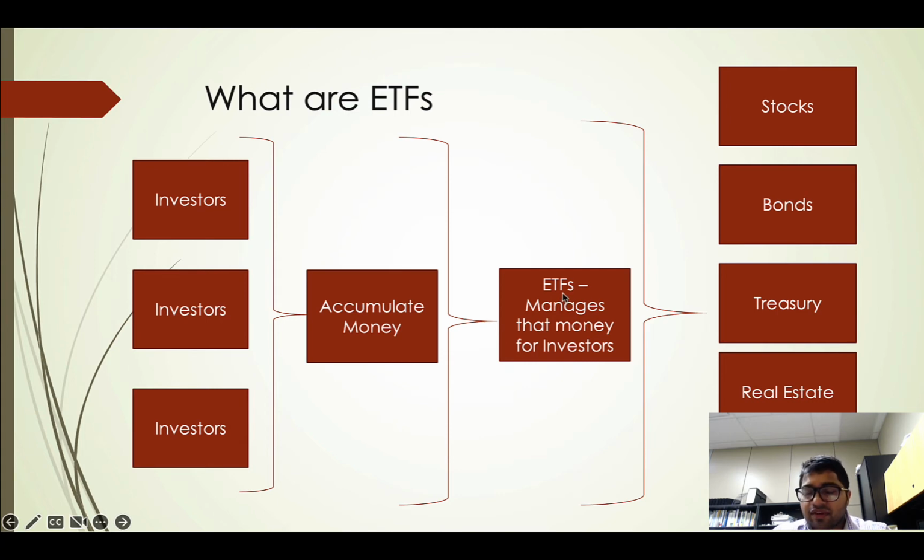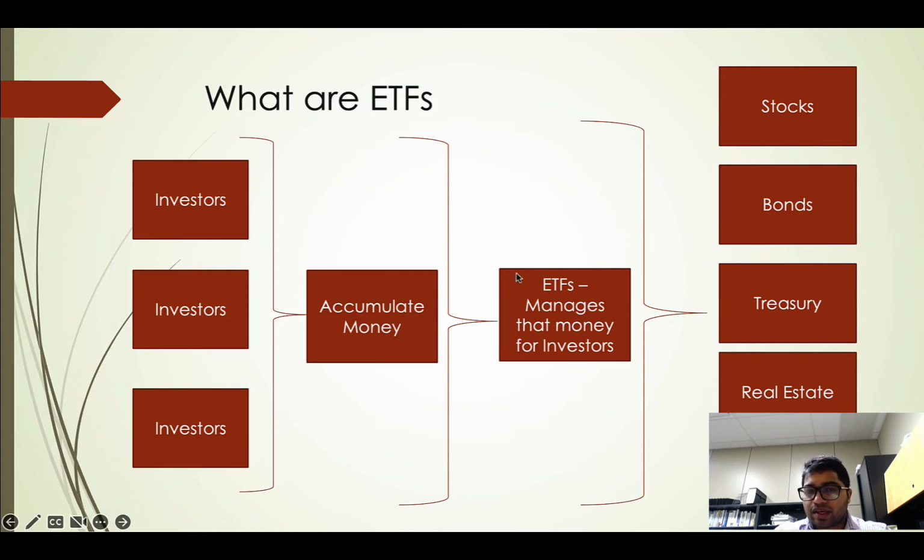Then that ETF company invests in different instruments like stocks, bonds, treasuries, real estate, and crypto. So an ETF could be a combination of these, or it could be stock specific, bond specific, treasury specific, real estate specific, etc. So how does it work?